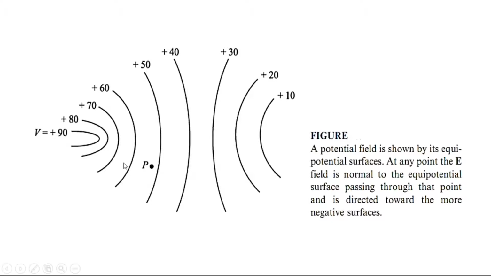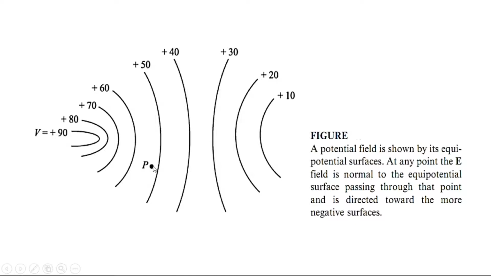So if we place del L along this direction, तो अगर हम del L को इसी डायरेक्शन में प्लेस कर ले तो V में मैक्सिमम चेंज आ रहा है.